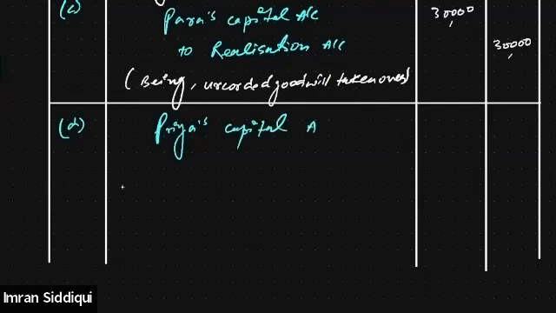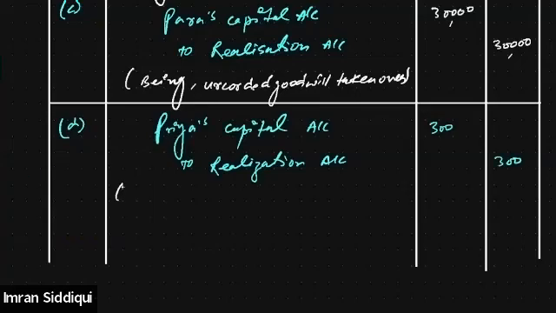Capital account to realization account, 300.